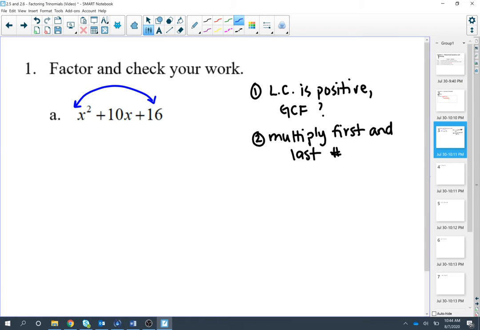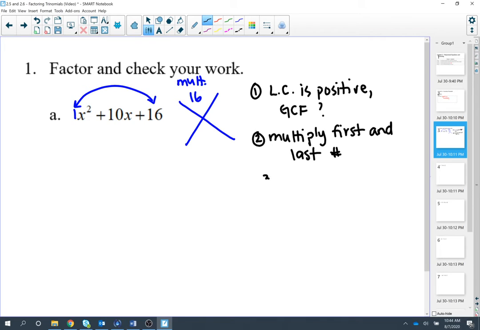So my first number, it's hiding, but there's a 1. So 1 times 16 is 16. And then I'm going to record that over here in this little graphic organizer. It's just a graphic organizer. If you don't like it, you can use a table, you can use whatever you want, but we're going to put that there, and we're going to write multiply because we multiplied the first and the last number to get there.